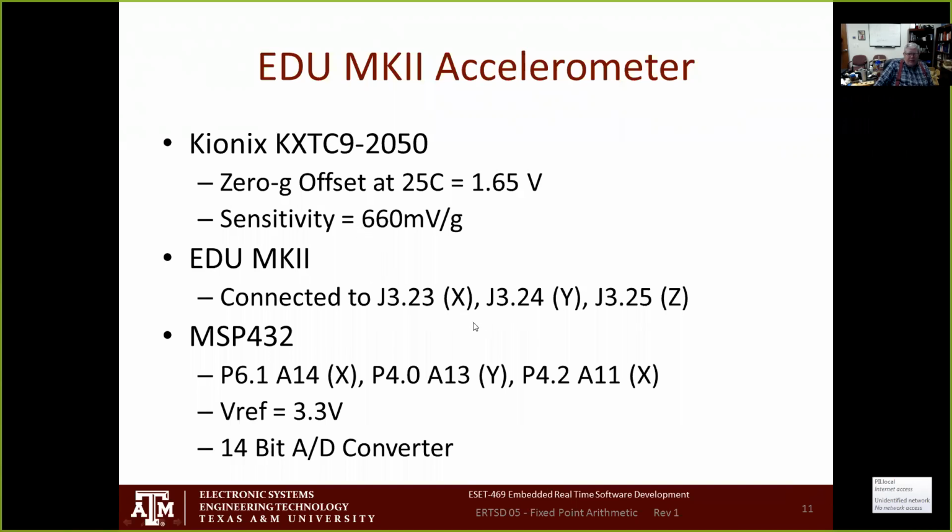It's connected to these pins. We just saw that from the schematic, and it's connected to the MSP432 here. And we have a 14-bit A to D converter with a reference voltage of 3.3 volts.